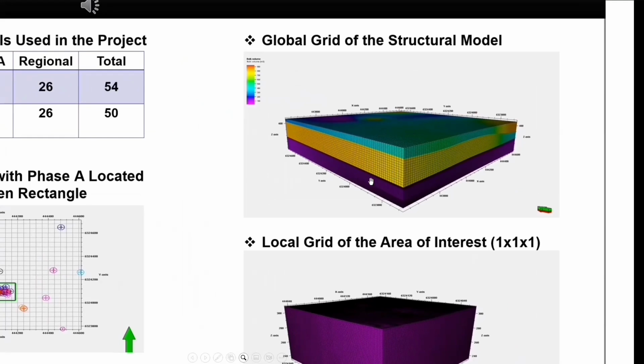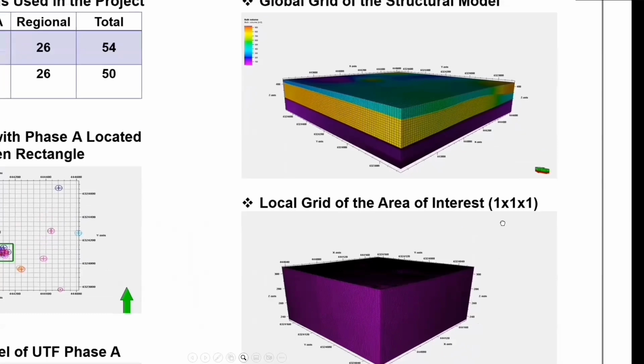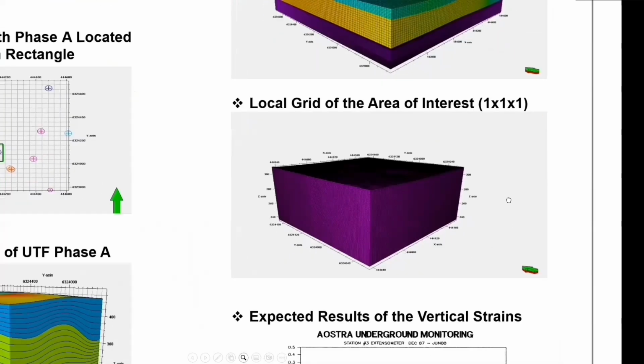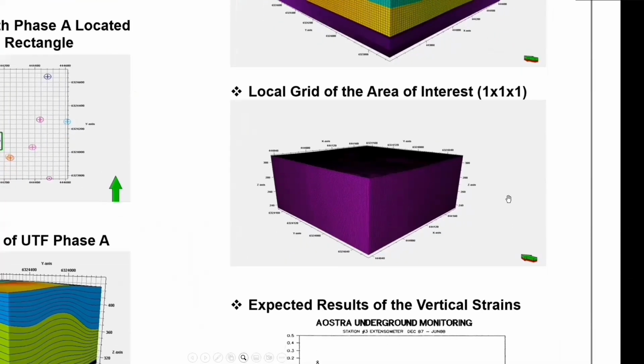As we can see here, the oil sands and formation have smaller grid cells than other areas. And then we have the local grid only for the area of interest, which is 1 by 1 grid cells.